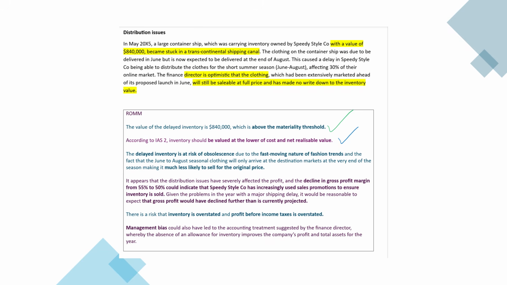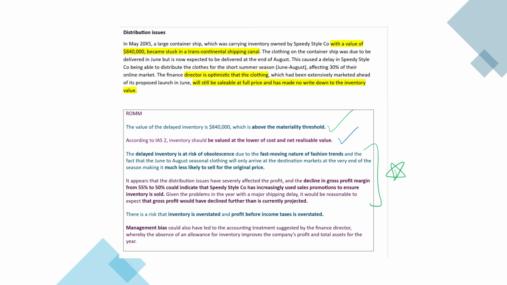I can then get the easy technical and professional skills marks by using information from the scenario to carry out a risk evaluation. So the delayed inventory is at a risk of obsolescence. I'm concerned this might need to be written down because the NRV might now be lower than the cost.